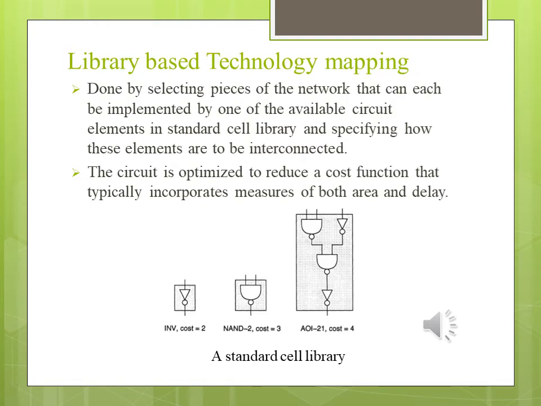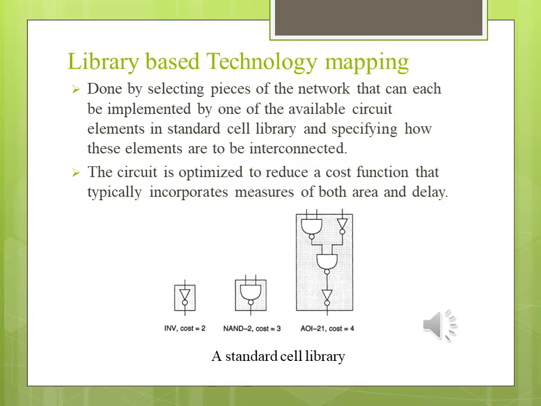Library-based technology mapping. Library-based technology mapping is done by selecting pieces of the network that can each be implemented by one of the available circuit elements in the standard cell library and specifying how these elements are to be interconnected.